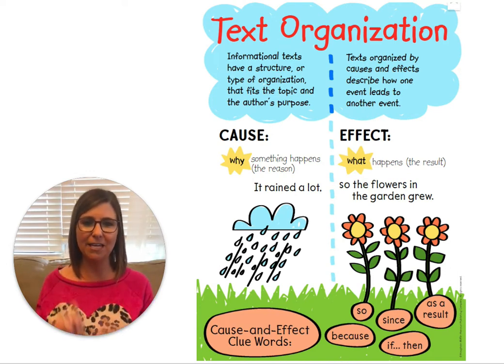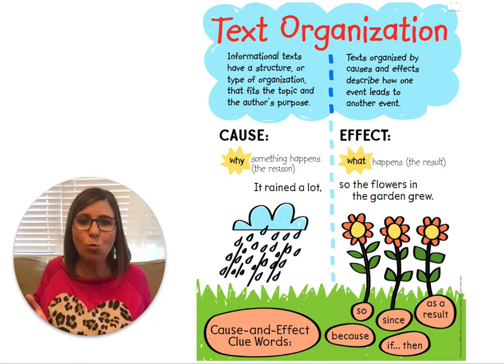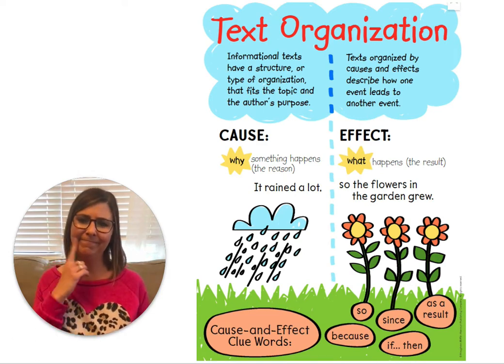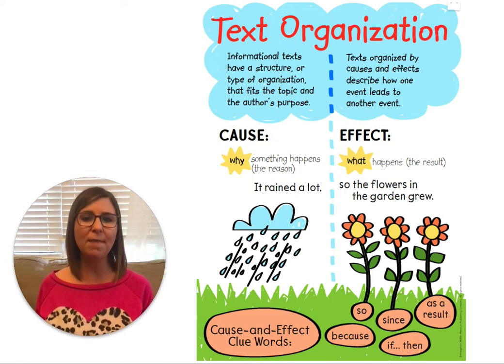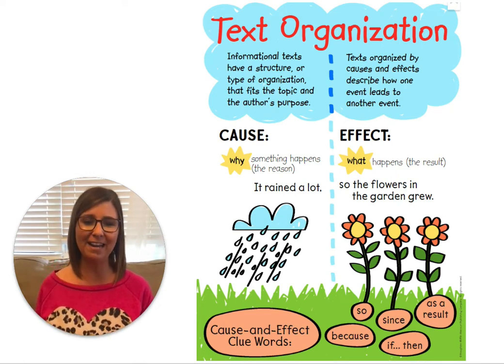So let's take a look here at this cause and effect. So cause is why something happens or the reason something happens. So in this picture, we see here that it rained a lot. So if it rained a lot, we might be able to come up with some guesses as to what might happen, or the effect of it raining a lot.